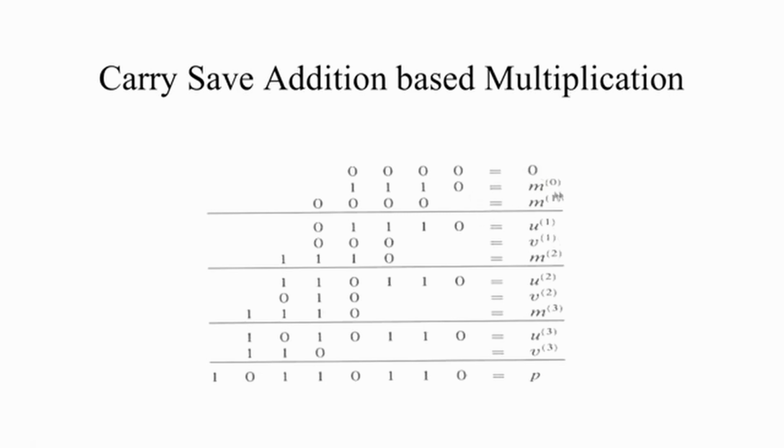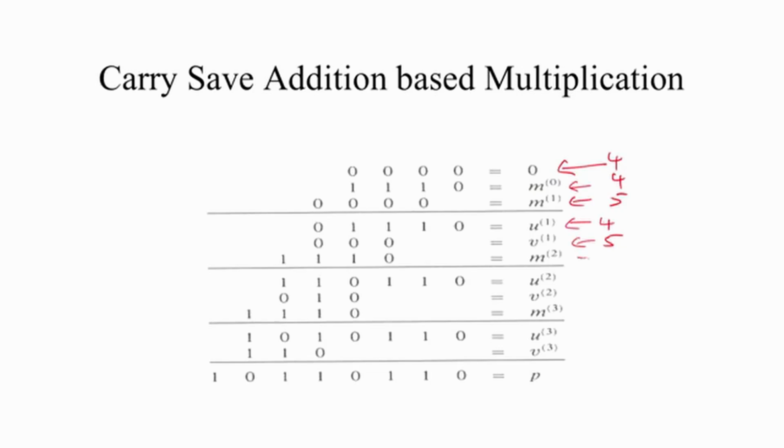Okay. So we add, please note that this is a dummy entry, and these two are partial products, each of 4 and 5 bits. So I add 3 numbers, one of 4 bits, another of 4 bits and another of 5 bits, and I get 2 numbers. One is a 4 bit number, another is a 5 bit number. Please note that if each are 5 bits, I get 5 and 6, but since two of them are 4 bits and another is 5 bits, you get a 4 bit and a 5 bit number.